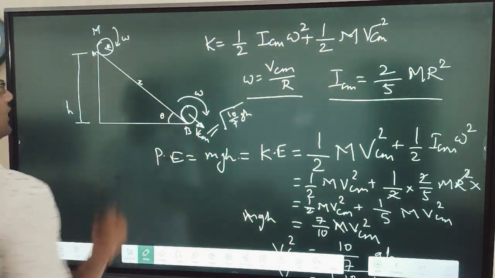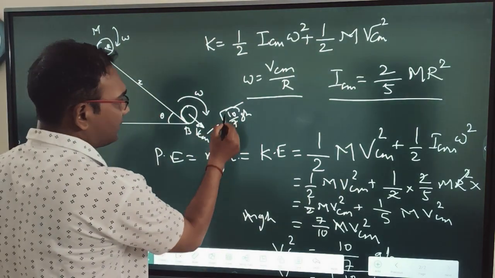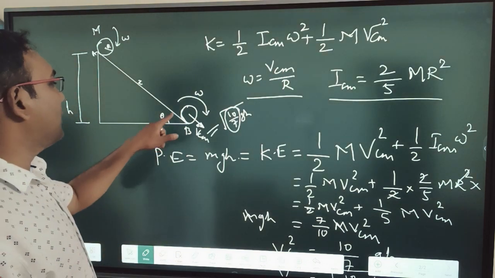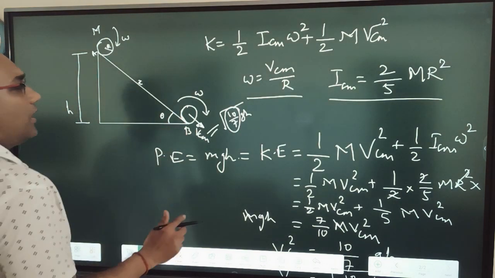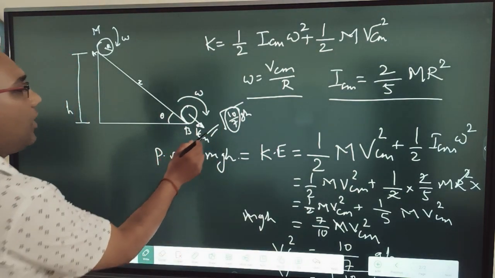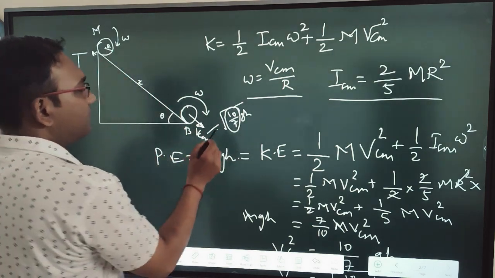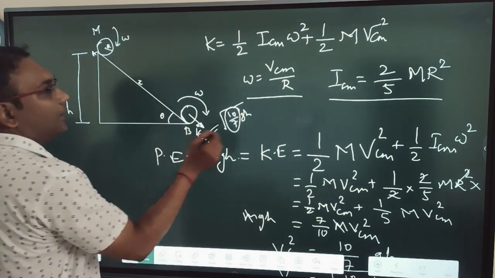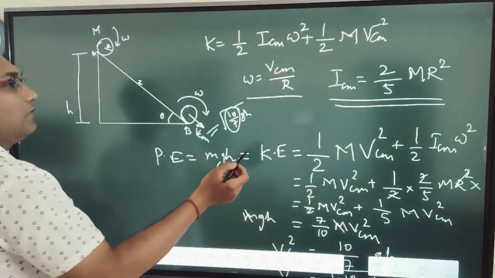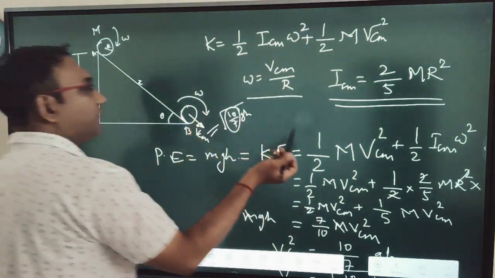When it is a sphere, this 10 by 7 is the component that depends on the moment of inertia of the object, but it's not depending on the mass and radius. A very interesting point: the VCM is not dependent on the mass and radius of this object. It is only dependent on the factor which comes out due to this ICM, the moment of inertia. If it's a hollow sphere, it will be a different factor.